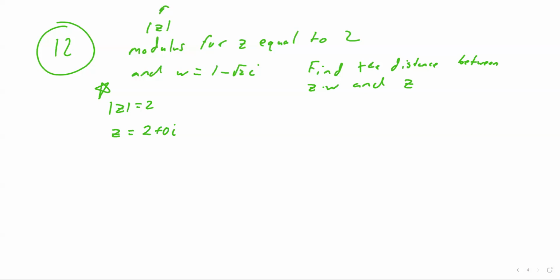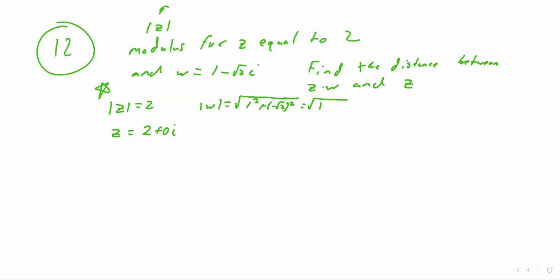To find Z times W, I have to calculate the r, just like in number 9. So I need to find the modulus of W. Remember, that's going to be the square root of 1 squared plus negative 2 squared. What's 1 squared? 1.